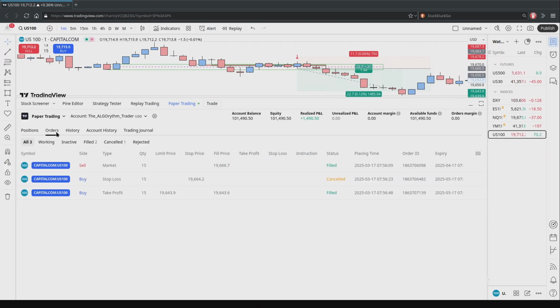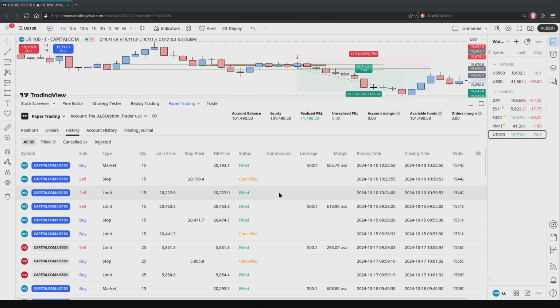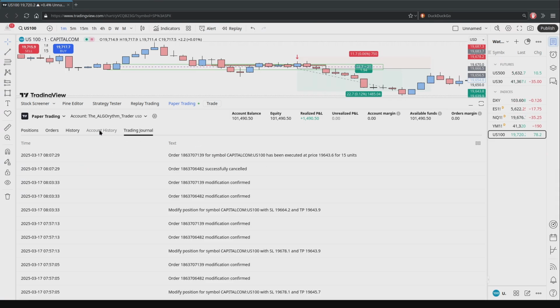Let's just see the orders. See, there you go. I had limits set here. I took a market entry and then had a sell limit and a sell stop, and that was filled. So there's that. Good.